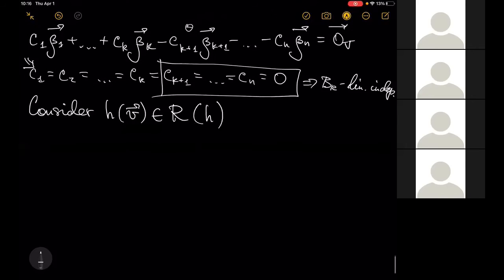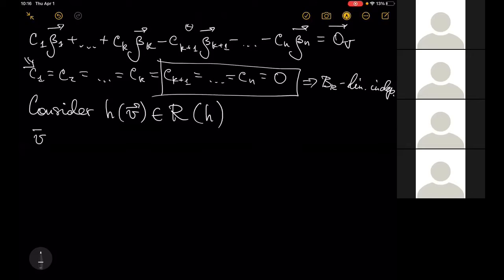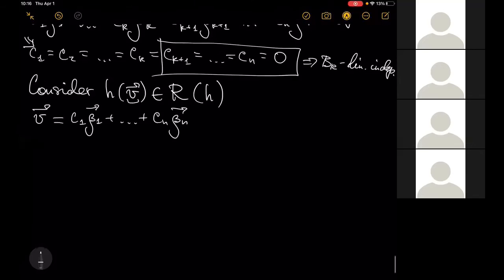Now, first I can express this vector v as a linear combination, C1 beta 1 and so on till Cn beta n, right? So beta 1 till beta n are vectors of the basis for V, right?